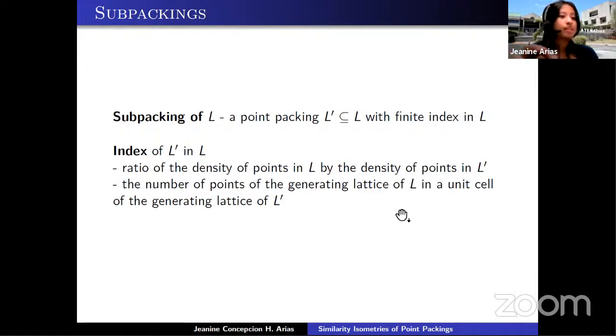Here we assume that the generating lattices of L and L prime have the same rank, and hence the index of L prime in L is finite.